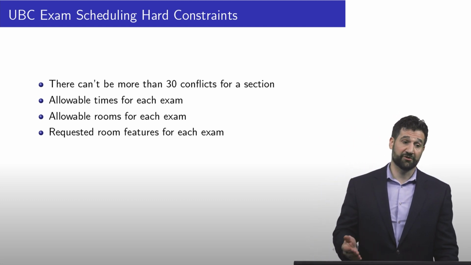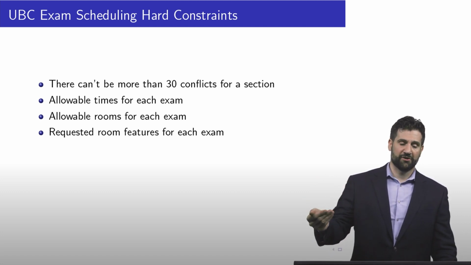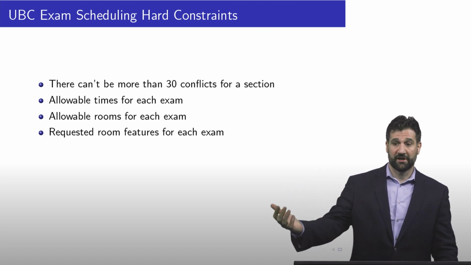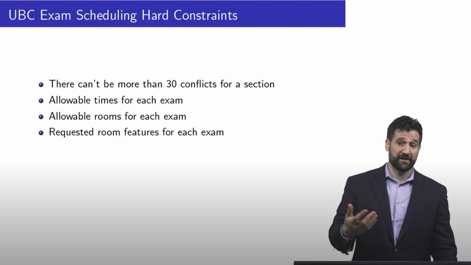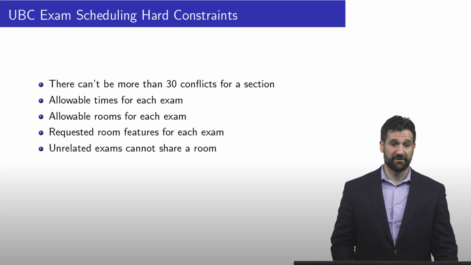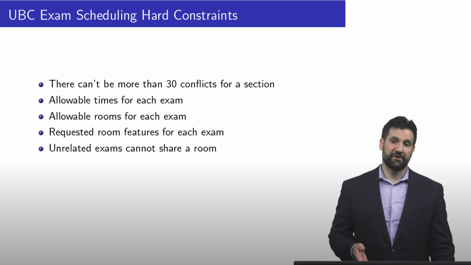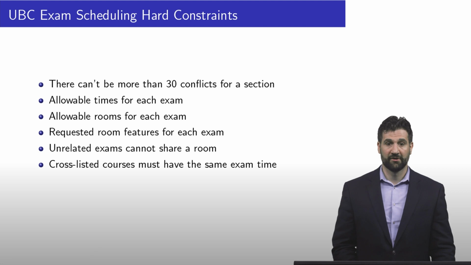Requested room features for each exam. So if we are doing something that maybe requires video equipment or something like that for the exam, or some kind of software to monitor the students in the room, we have to consider that as well. Unrelated exams cannot share a room, which is one we talked about.